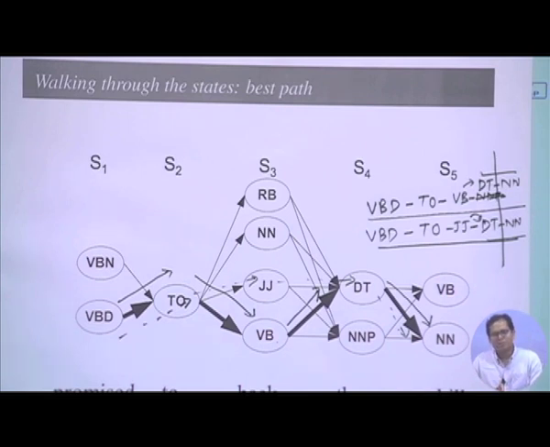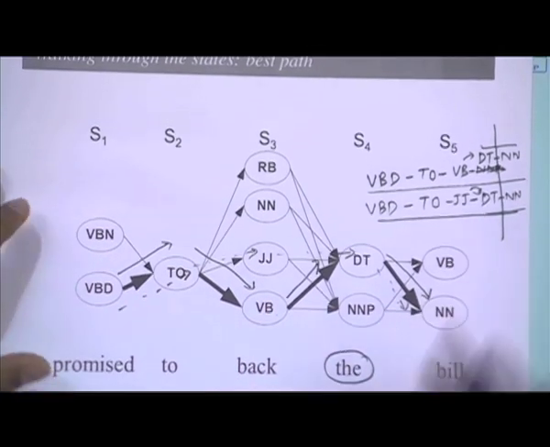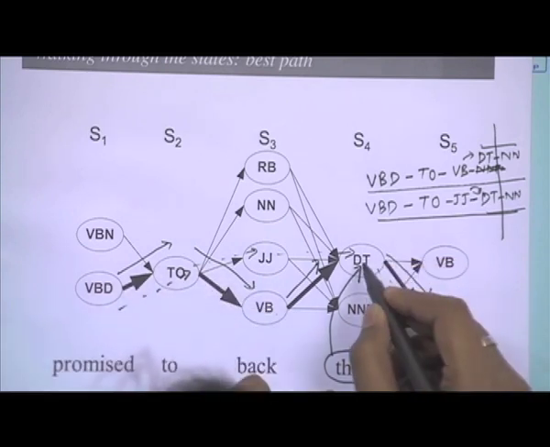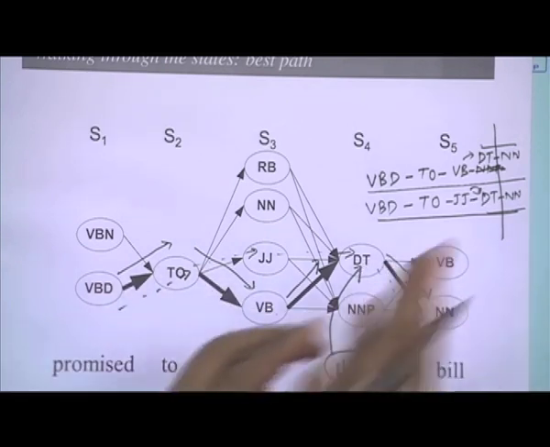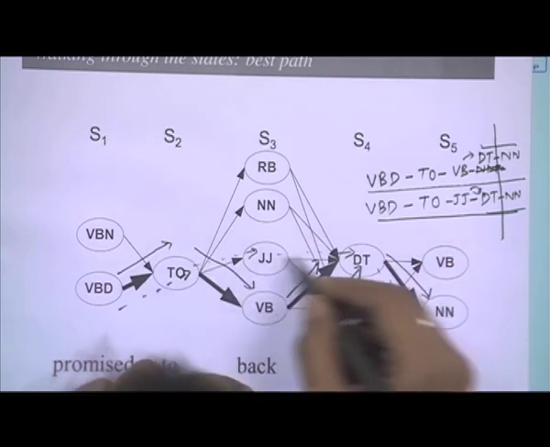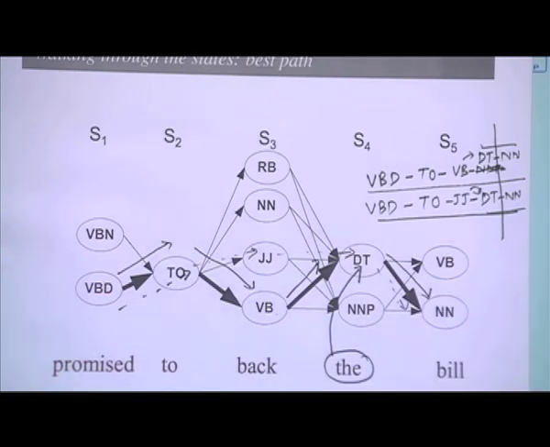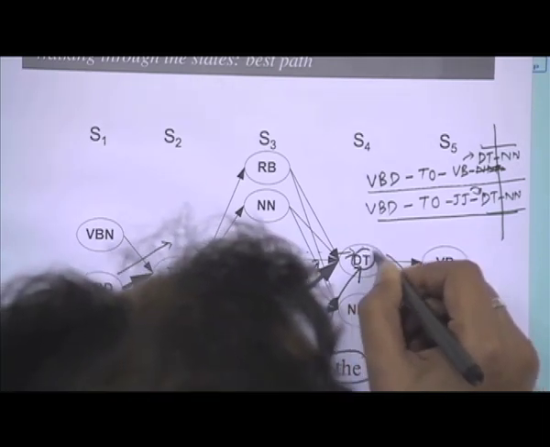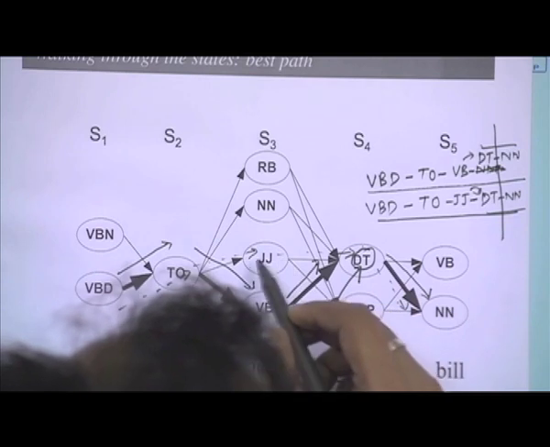Let us suppose that at this point I can store, for the tag DT, what is the best way of arriving at DT. Is it via this path or is it via this path?